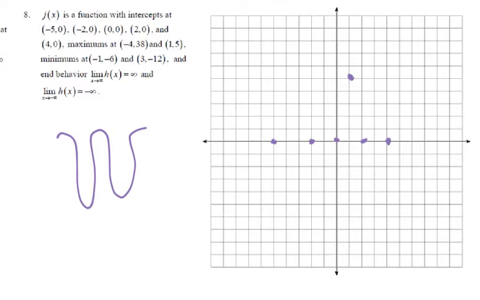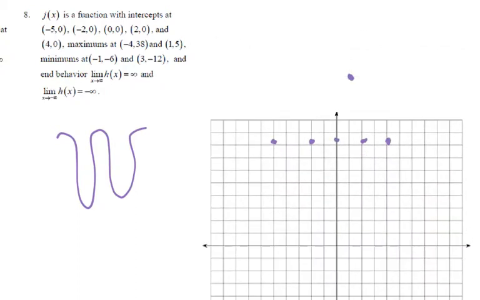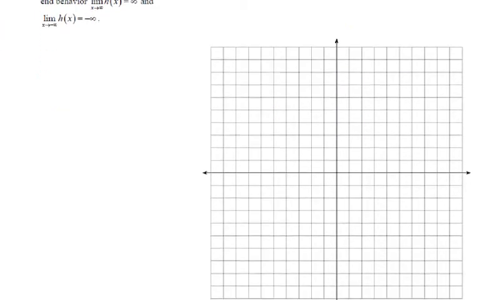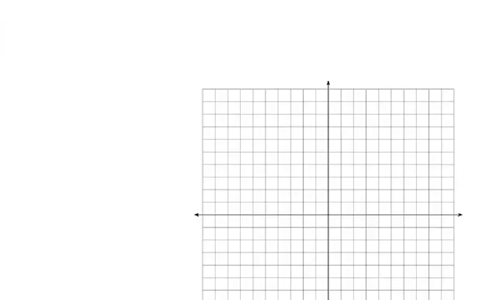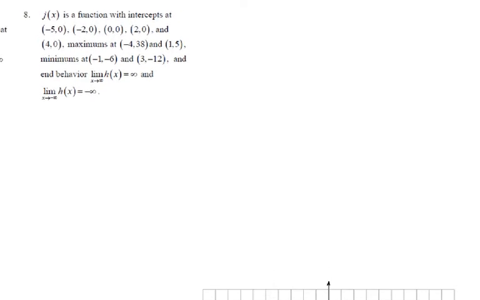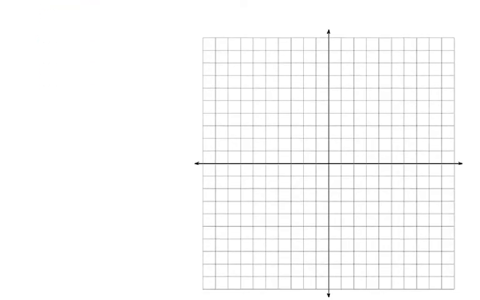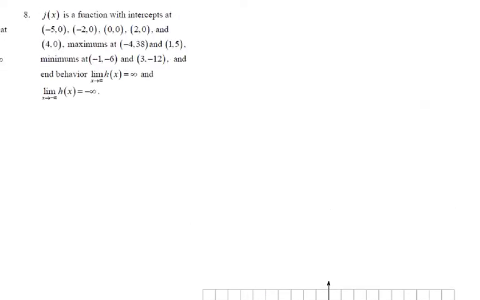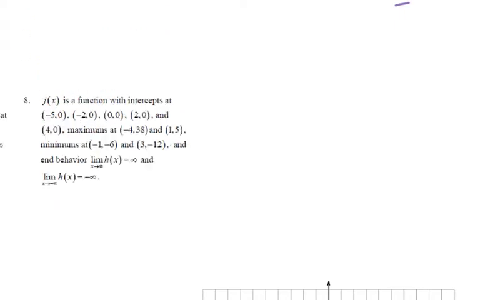Alright, hold on. Let's see, this is 10, so really we're going to have to go clear down here. Yeah, that'll work. So we had negative 5, 0, negative 2, let's move this down closer to us.